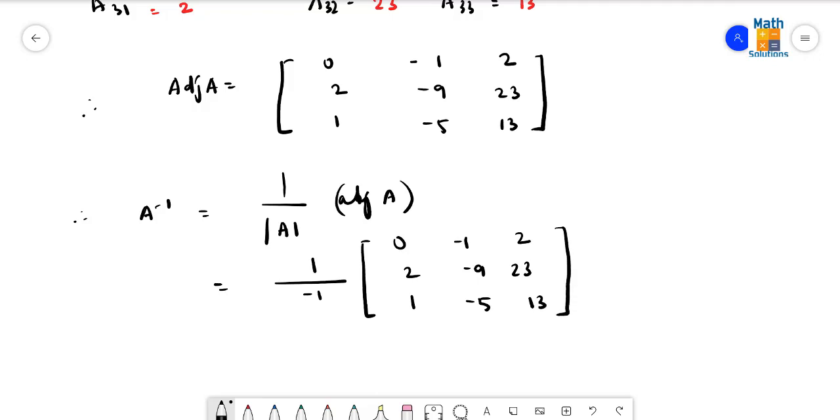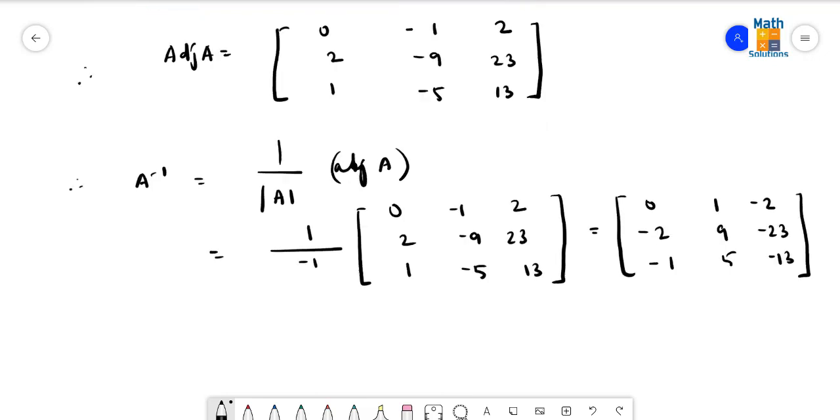The results will become, if I multiply each and every term by minus 1, it will look like 0, 1, minus 2, then minus 2, 9, minus 23, then minus 1, 5, minus 13.